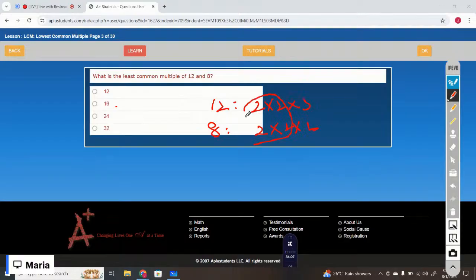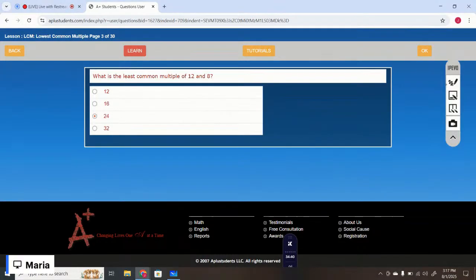So those are the common factors and those are the non-common factors. 2 times 2 is 4, 4 times 2 is 8, and 8 times 3 is 24. The correct option is 24. Option number 3 is the correct option.